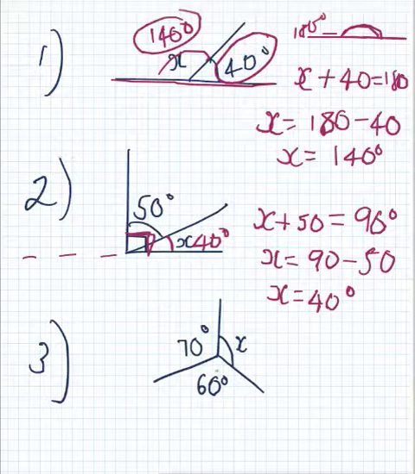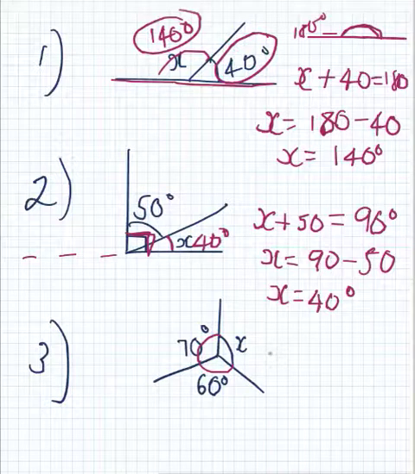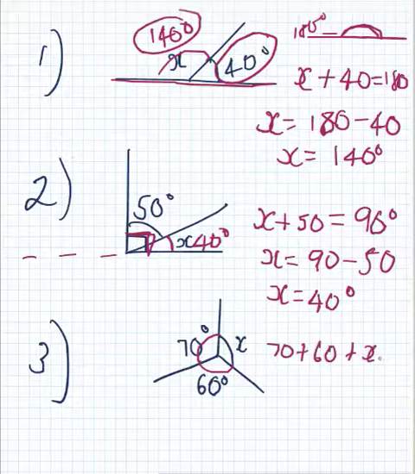And the last one, you notice that we've got to find the angle x, and this angle that's 70 and this angle that's 60, they all make what? A full circle. And we know a full circle, which we call a revolution, adds up to 360. So all of these three angles, 70 plus 60 plus x, all have to add up to 360.